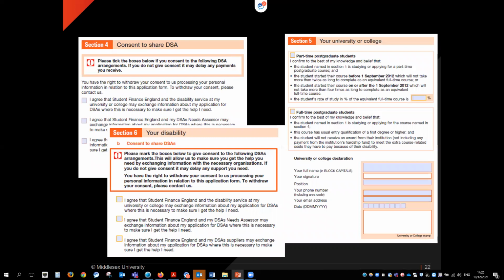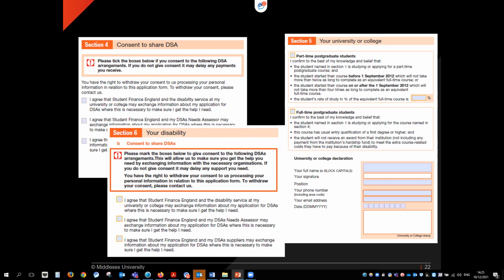Okay, if it's done by paper or online, it is very important that the student gives their permission for DSA to share information with the university, with the disability advice department, and also with the needs assessment center, because if they don't give this permission, we are not able to help them. And then the student will be in a muddle.